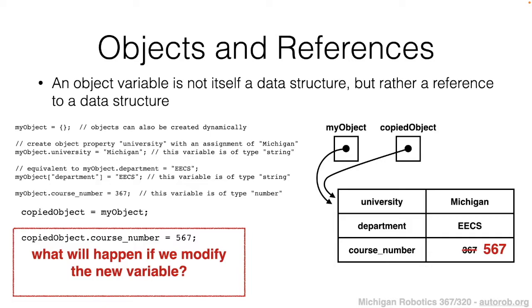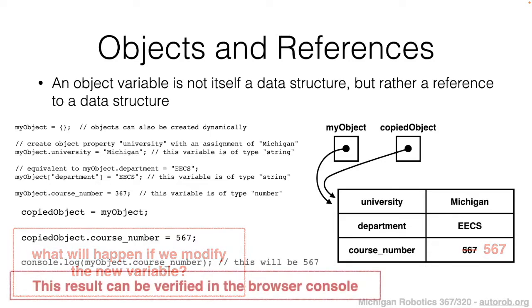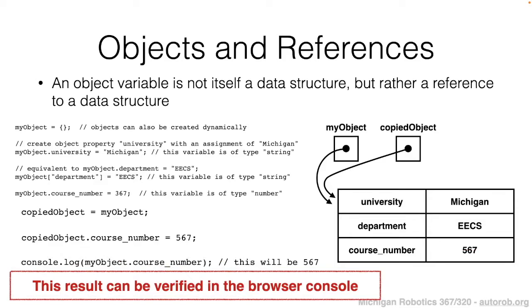And so if you then view myObject.courseNumber, it's going to print out 567, because again, the myObject variable is a reference to this shared underlying memory and data structure.